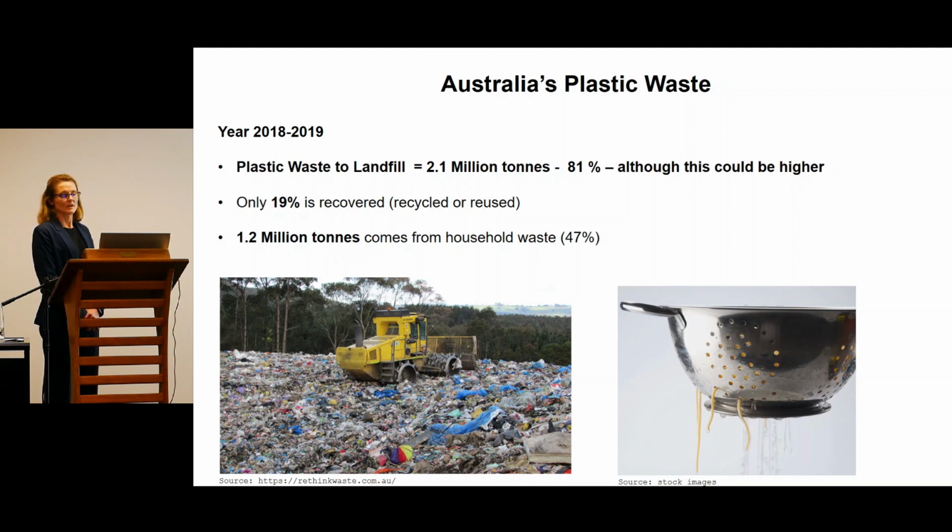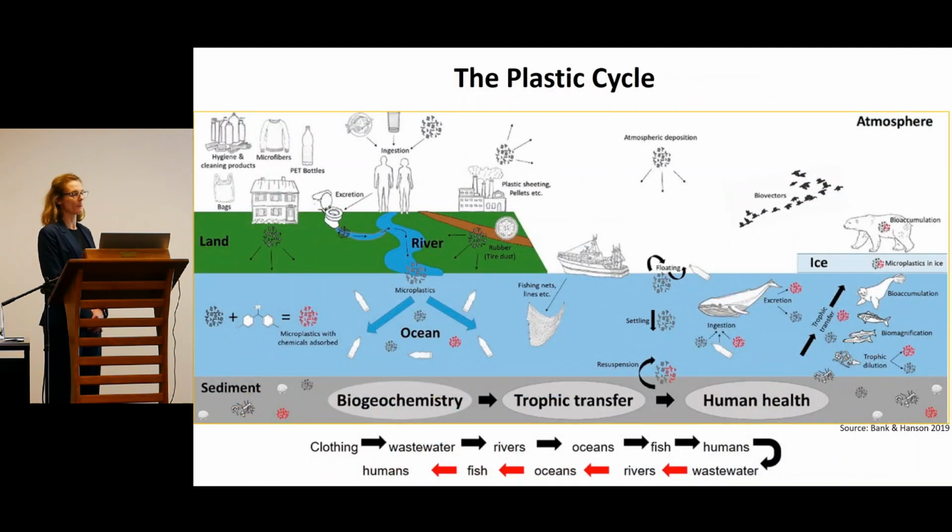So what does this mean for the human food chain? This is a very complex diagram, but it is useful in showing the pathways through the food chain. With plastic waste on land, it potentially can move through the biosphere between land, air and soil.